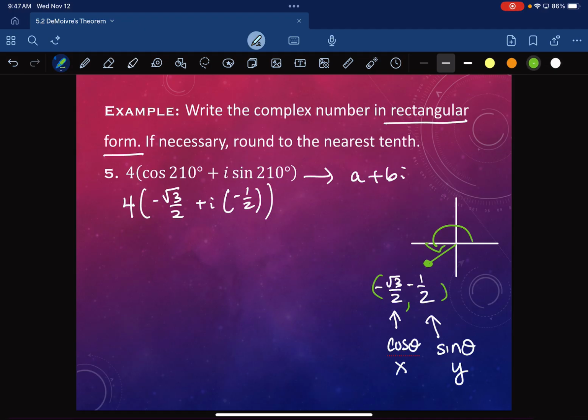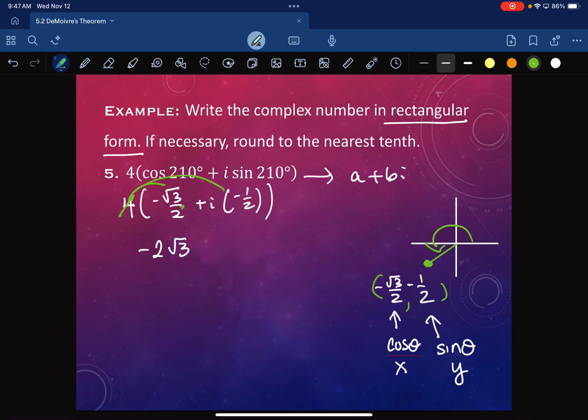The 4 will distribute, right? So when I take 4 times square root 3 over 2, well, it's still negative. What do I get? Four over 2 is 2. Thank you. This will give me a 2 square root 3, right?